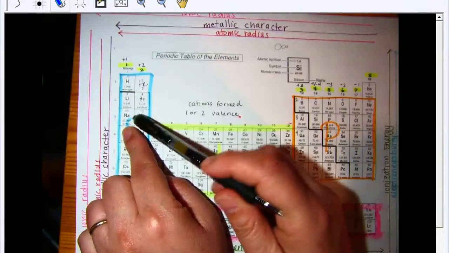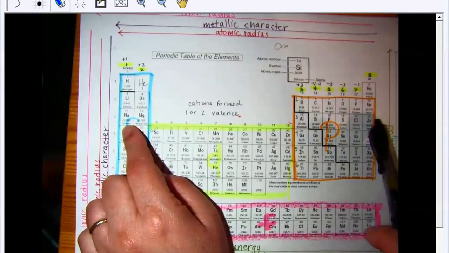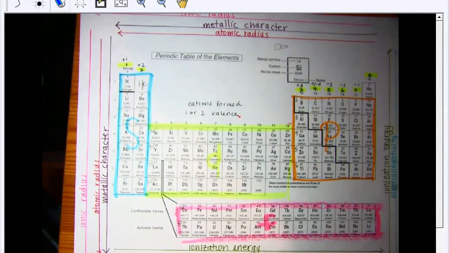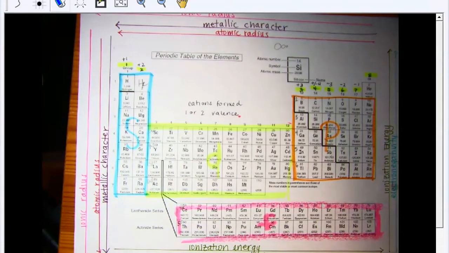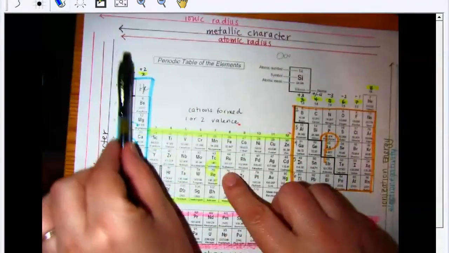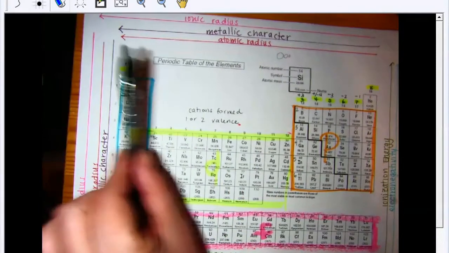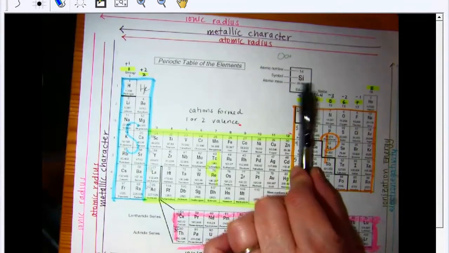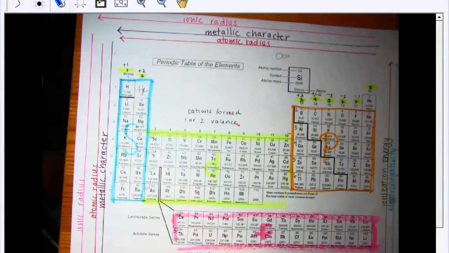If it loses 1 electron, it goes from 11 electrons to 10. That is its shortest path. Losing 1 electron is its shortest path to gaining an octet. So I'd prefer to lose 1 electron than to gain. So everything here gets a +1. Everything here gets a +2. Everything here gets a +3.